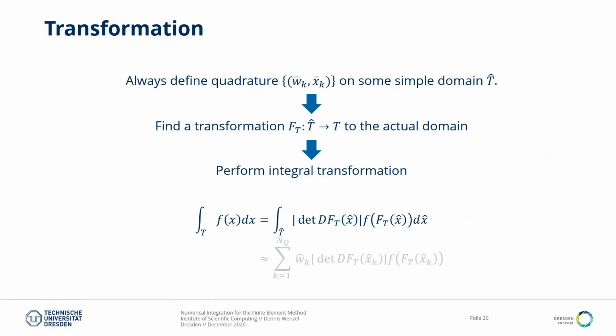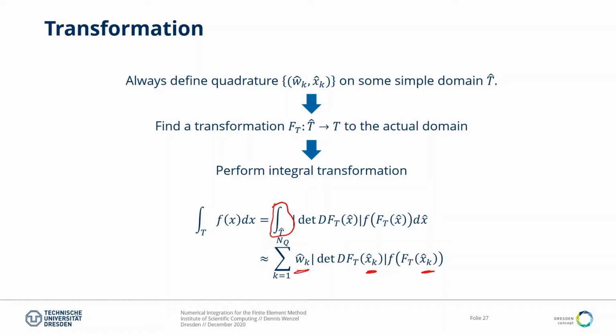And now, if you have a quadrature rule on T hat that approximates integrals on T hat, then I can, of course, use that now and simply plug in my points and weights. So my points are here and there, and the weights.